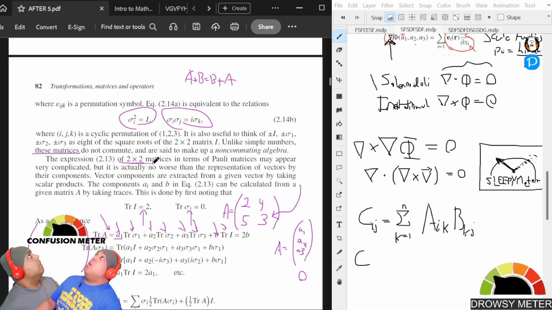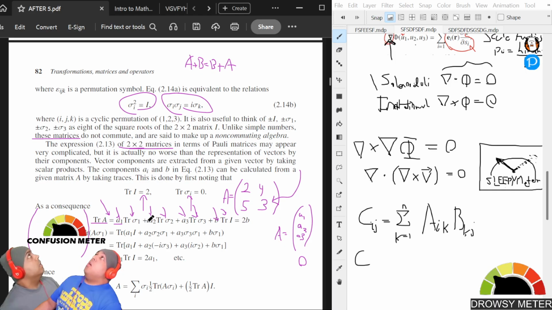But we're talking about 2 by 2 matrices. Trace of these guys is 0, so 0, 0, 0, right? Plus 2. All these guys are 0. So the trace of A is 2B.